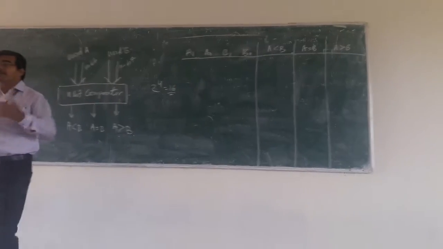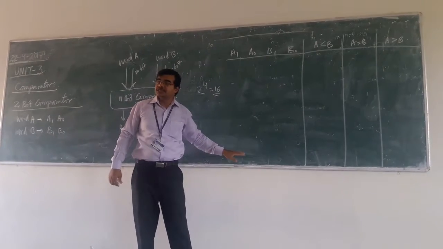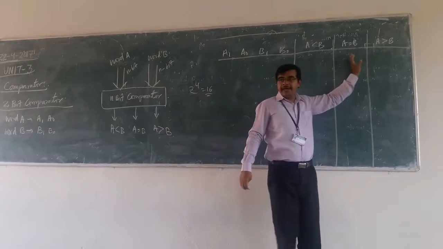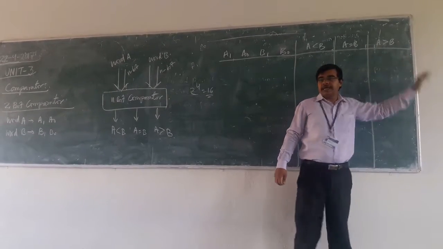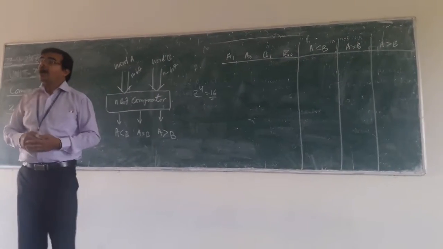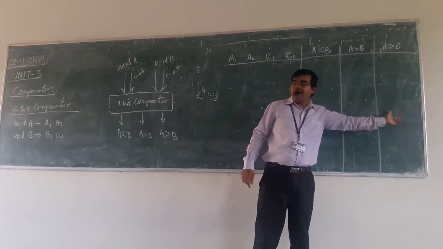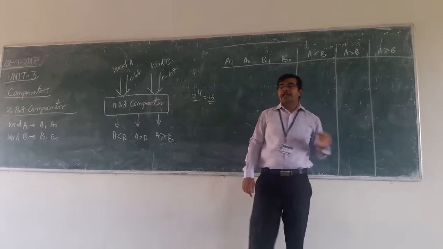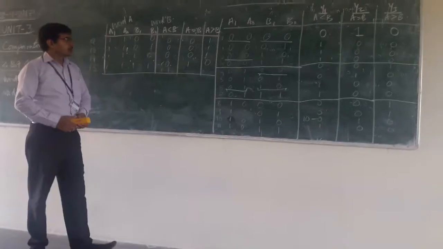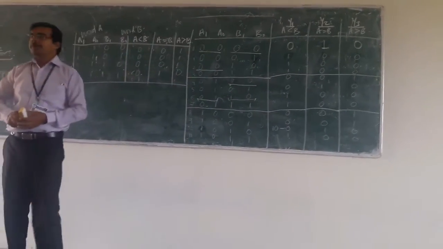For those 16 combinations, first you make the truth table, then from the truth table you make the K-map for each output, and from the K-map you simplify the Boolean expression. So this is the truth table of the 2-bit comparator.